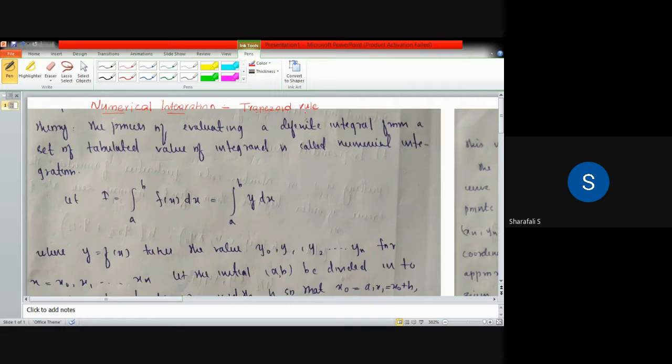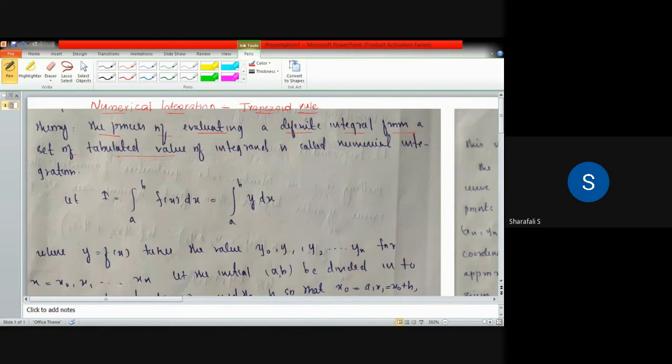For numerical integration, if you are given any function f of x, how can we integrate that function numerically? That is what we are going to do here. So the theory is like this: the process of evaluating a definite integral from a set of tabulated values is the numerical integration technique.